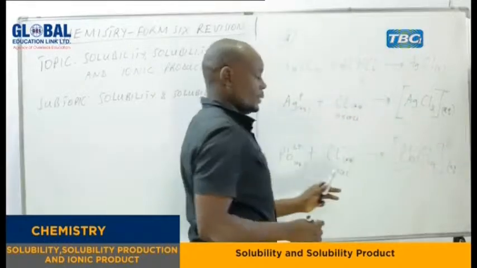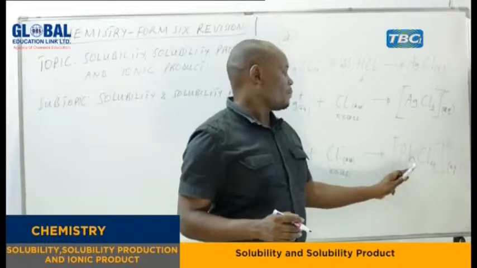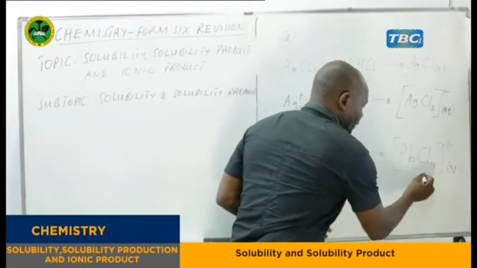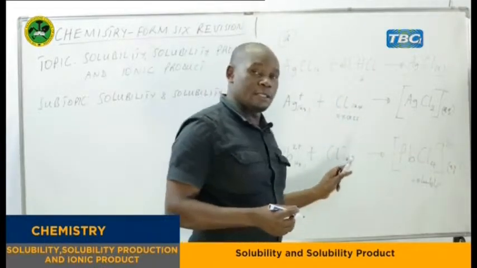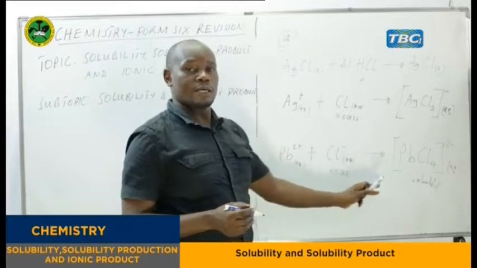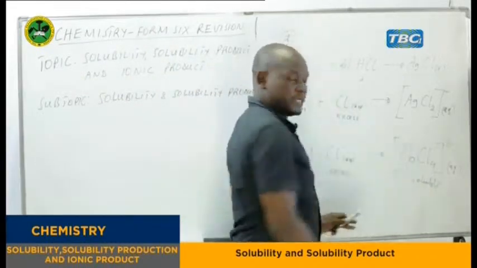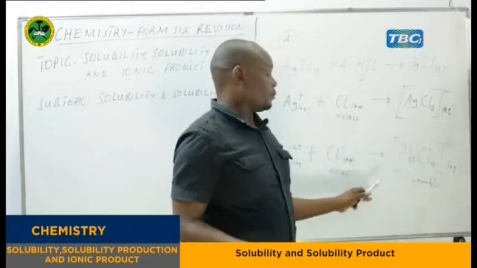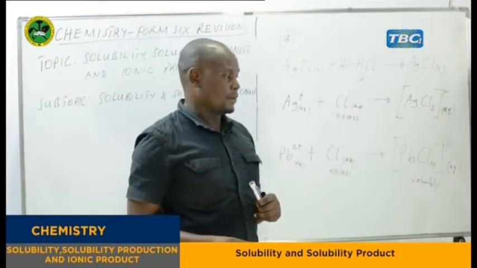So it leads to formation of the tetrachloroplumbate(II) ion, which is our complex compound, which is soluble. This is happening in concentrated hydrochloric acid. So the solubility of lead chloride is increased. So lead chloride is soluble in that solution, but not soluble in pure water.